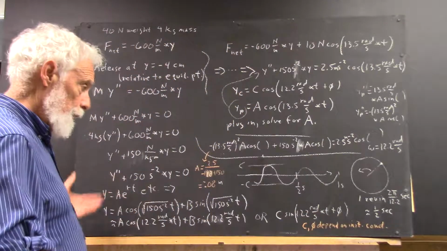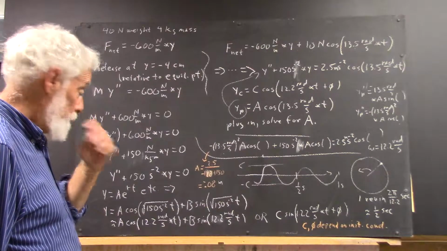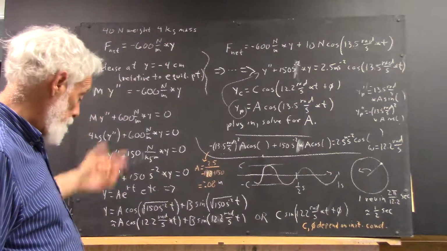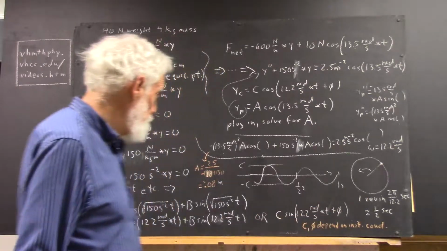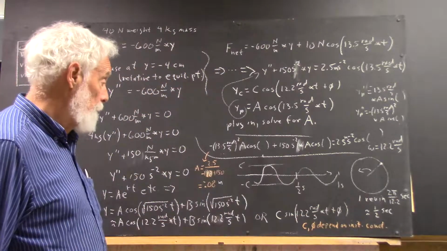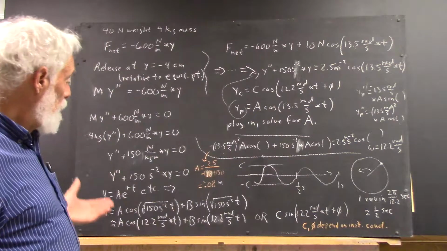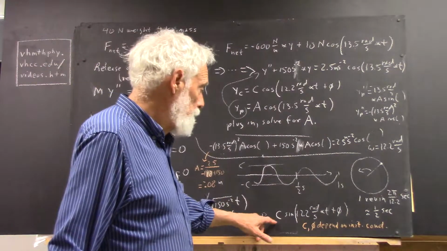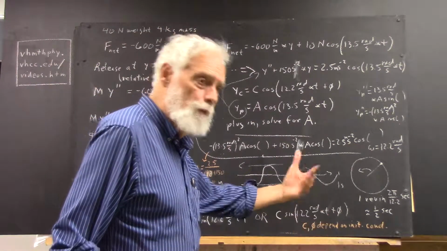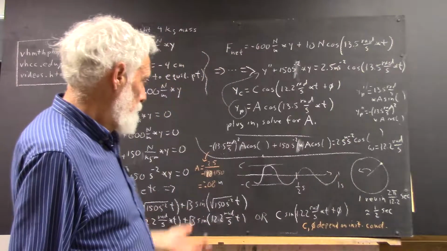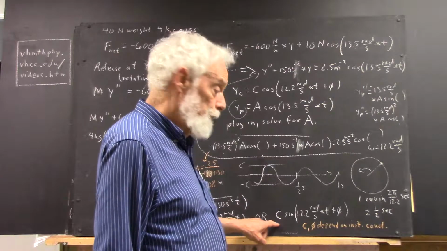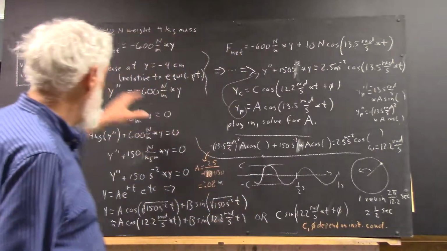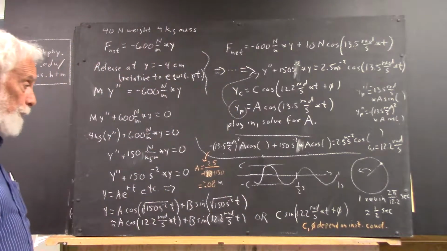Simple high school trigonometric identities allow us to figure out what c is and phi if we happen to know what a and b are. Now, we don't need to actually do that, because if we just use this as our solution, we just have to identify the c and the phi that correspond to our initial conditions, which would be pretty easy to do.